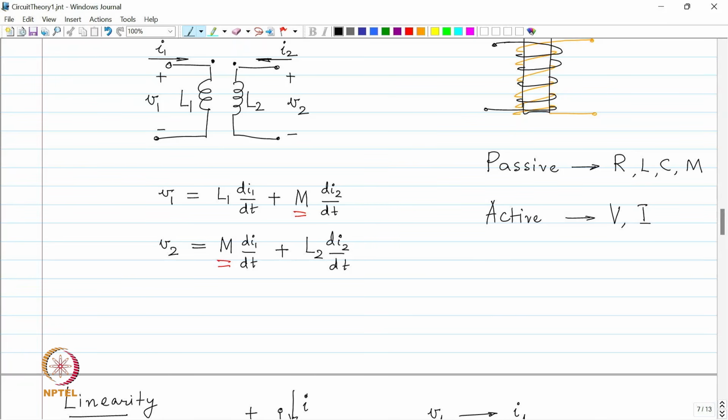Okay. And similarly, V 2 will also have a part which belongs to I 1 and therefore, that part is going to be M d I 1 by dt. Fine.